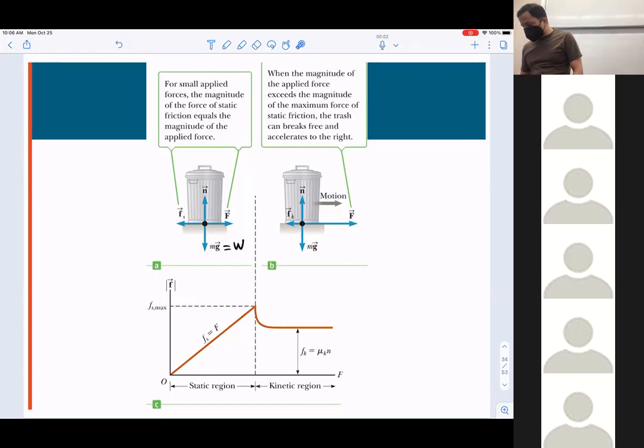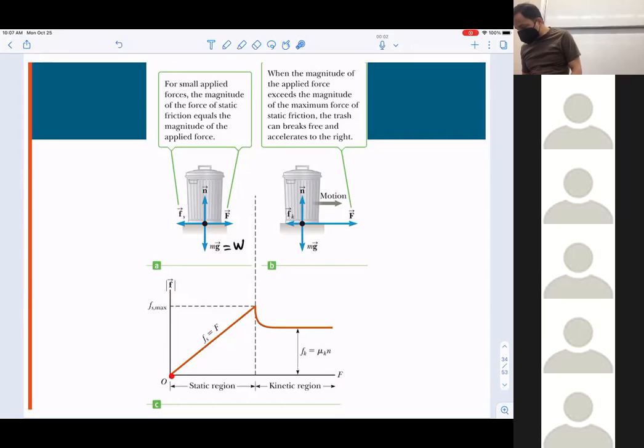So here I'm plotting the magnitude of the force of friction versus the force that you are applying. Initially, you apply zero force. That means this F is zero. Then the force of static friction is also zero. The trash can is just sitting there.